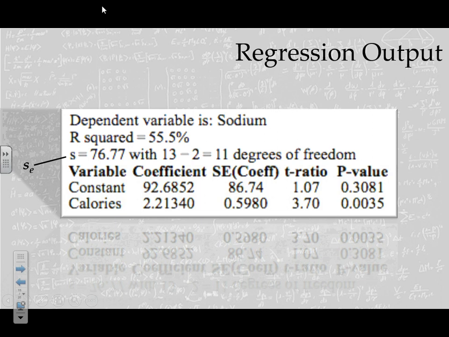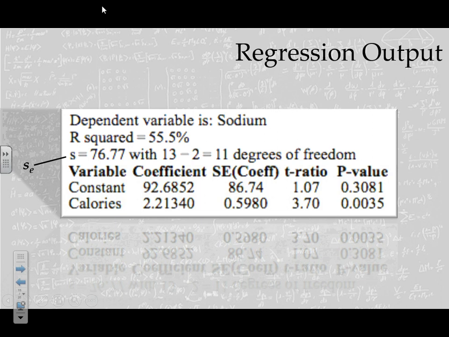Now, the other part of this then tells you everything you need to know about your regression line. So when we look down here, it tells you the variable name. So variable, the constant. Well, in my regression line, what value is the constant that's not attached to x? There's a slope and there's a y-intercept, right?